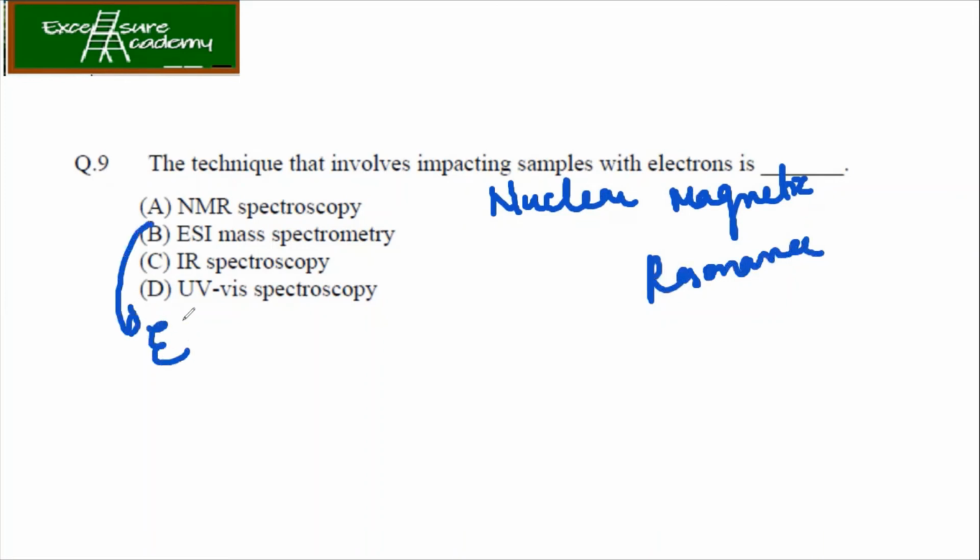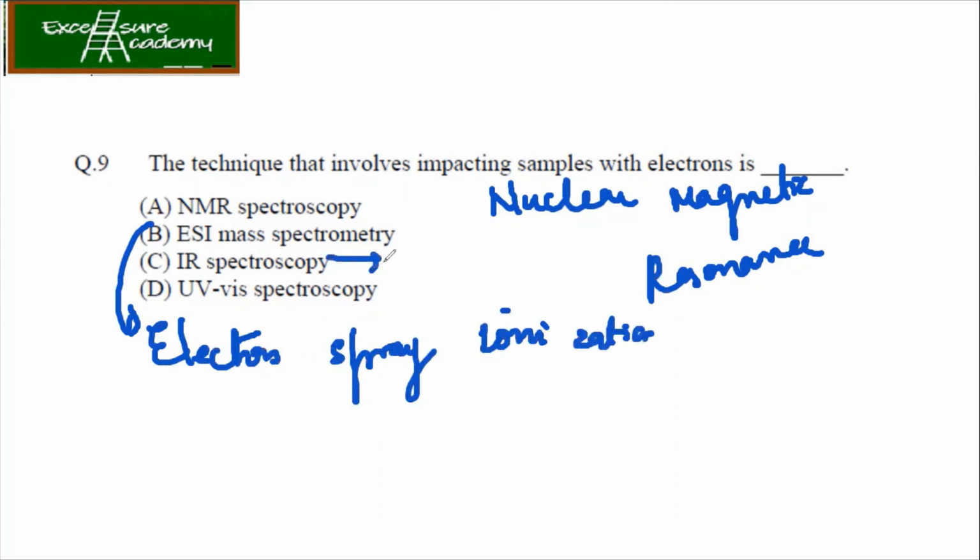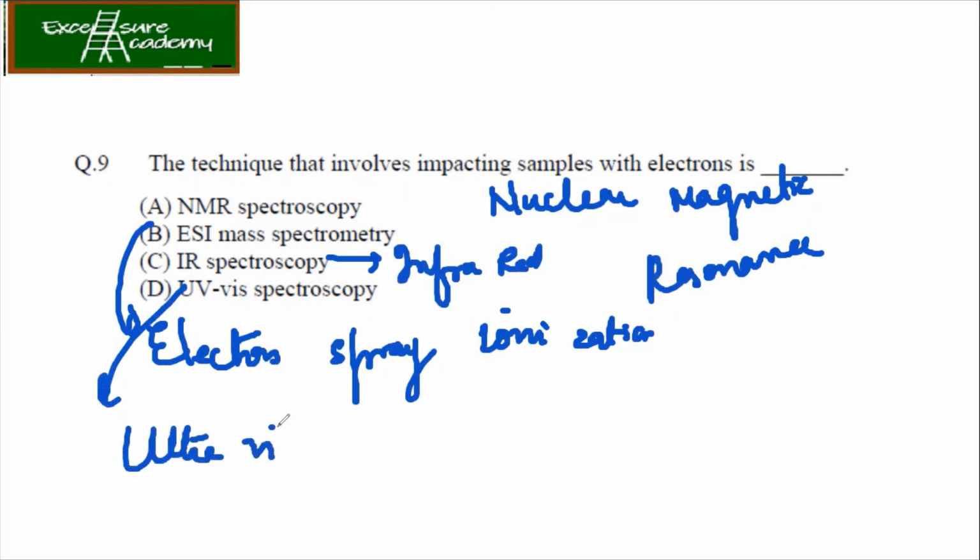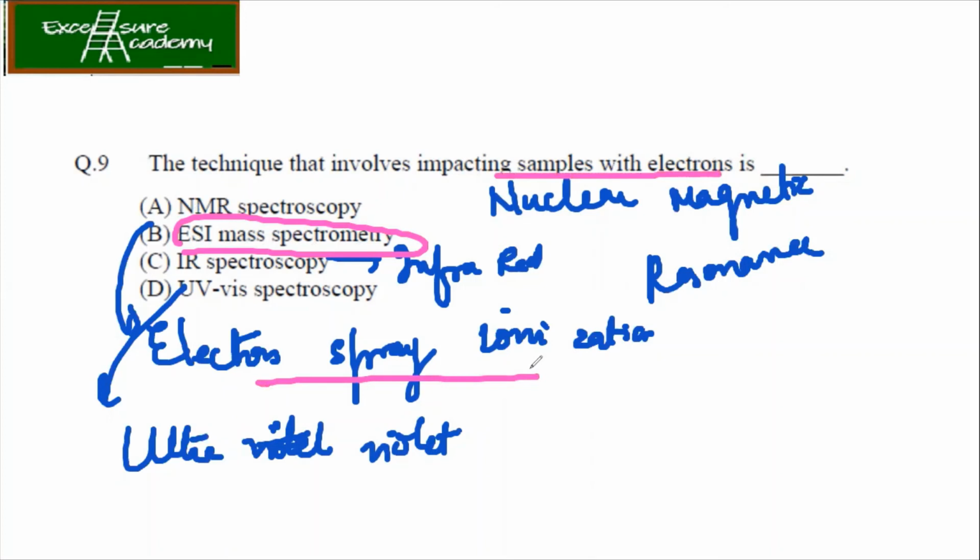ESI is electron spray ionization. IR is infrared. UV is ultraviolet. Now, if you see the name over here, from the name itself, it's very clear that ESI, where the samples are impacted with the electrons, the answer is electron spray ionization.